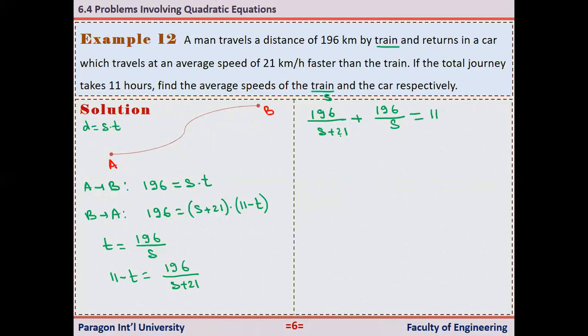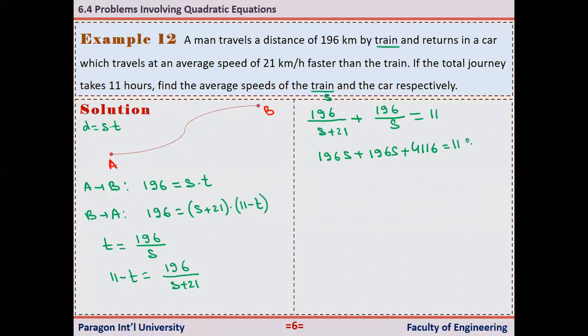So if you just cross multiply, here we have 196s plus 196 times 21, that's equal to 4,116. Take the common denominator to the right hand side.